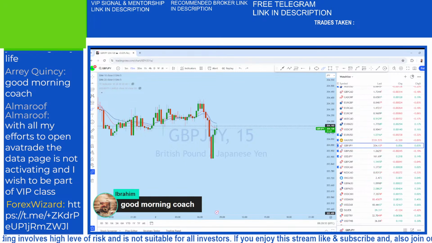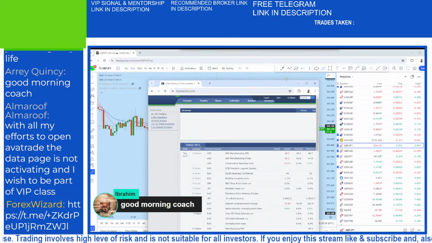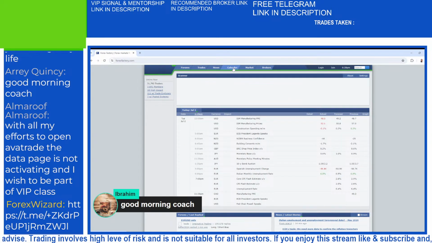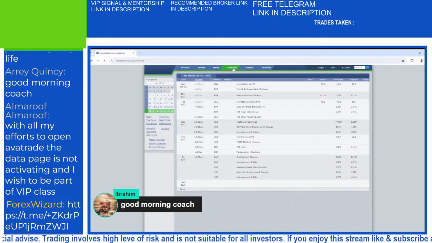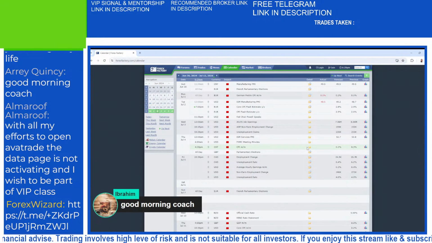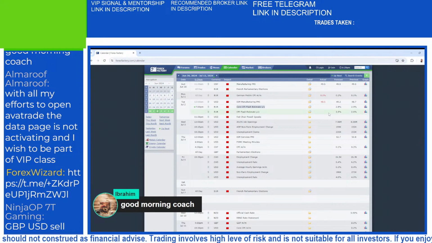Okay, so in the meantime, also looking at the Forex Factory calendar. We can see that on Tuesday, today, we see Euro news: core CPI flash estimate and CPI flash estimate.